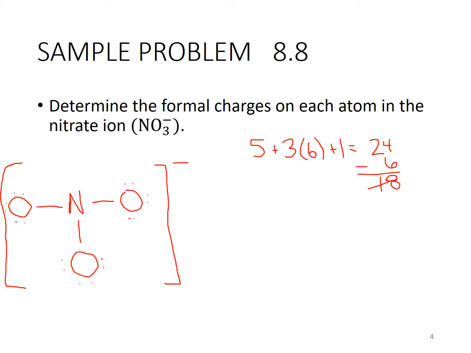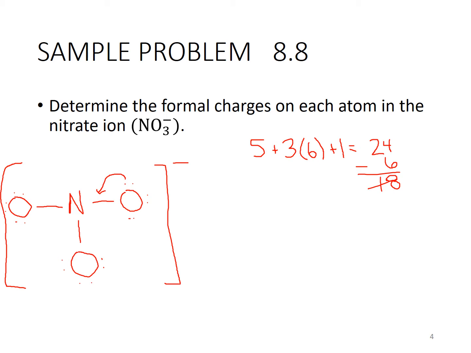But now we need to fill the nitrogen's octet. Turns out it only has 6 valence electrons right now. So we're going to need to convert one of these lone pairs into a bonding pair. We could do it from this oxygen, or we could have done it from any of the other oxygens, right? So this is one of the problems, and this is what brings us to the idea of resonance.